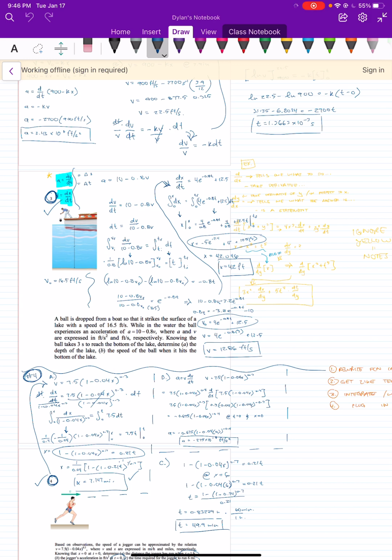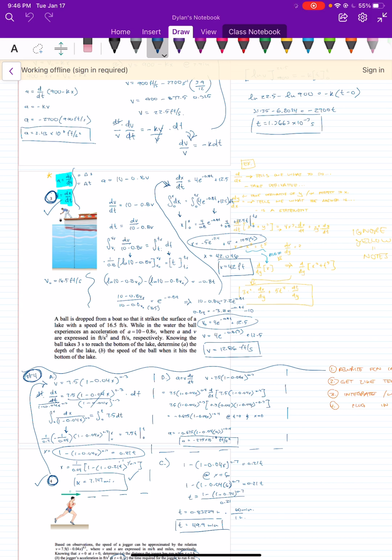And so I did the same thing, put the velocity function in terms of dx dt, manipulated that, took the integral, plugged in my limits of integration, and then was able to find my x value of where that hits.